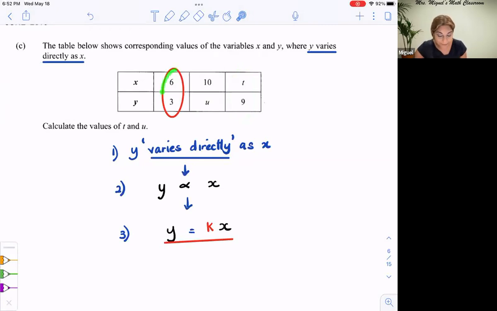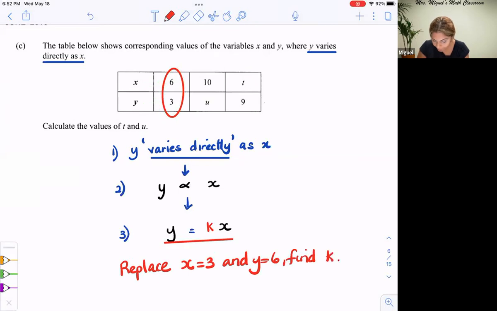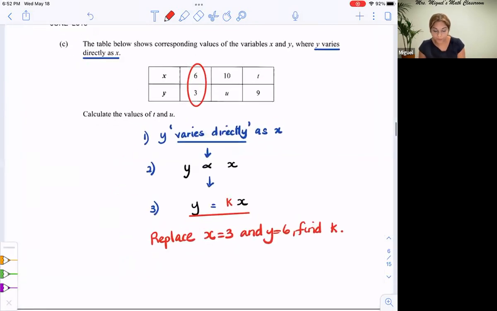But in this pair of values, we know X is 6 and Y is 3. So replace X with, oh, let me write it. X equal to 3 and Y equal to 6 and find K. So try it. That's the only way I would learn. Try it.